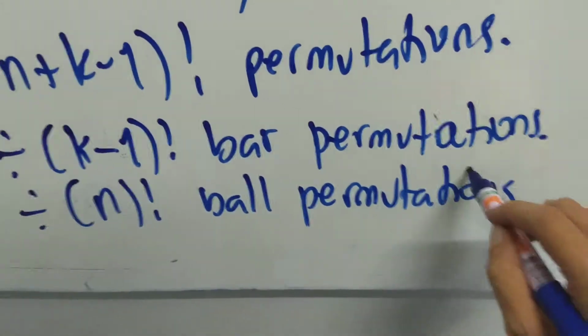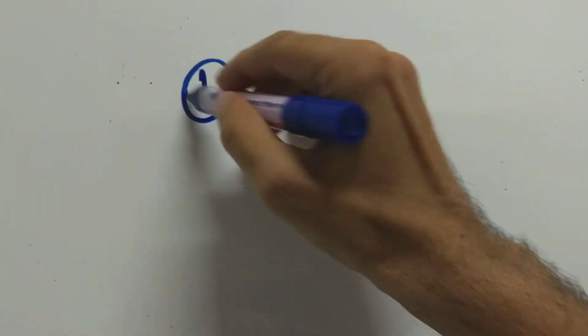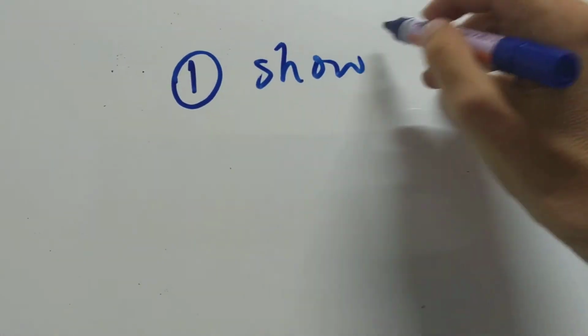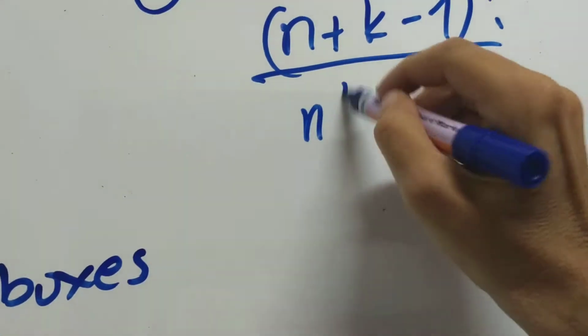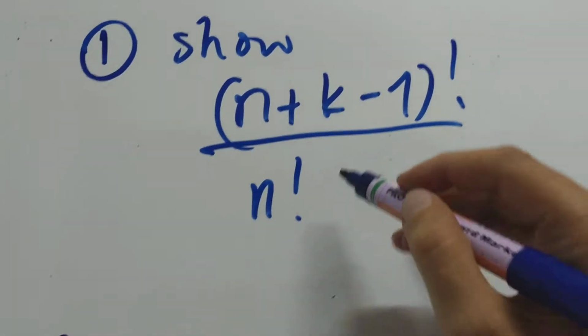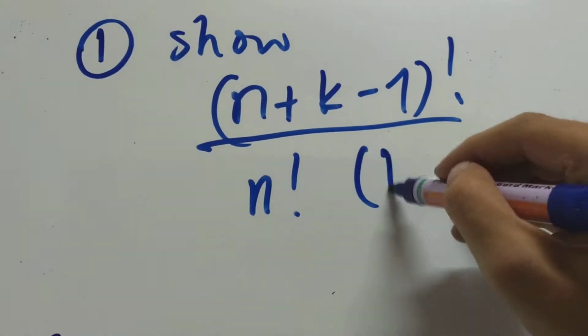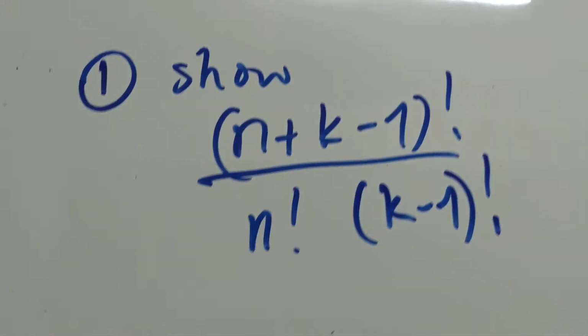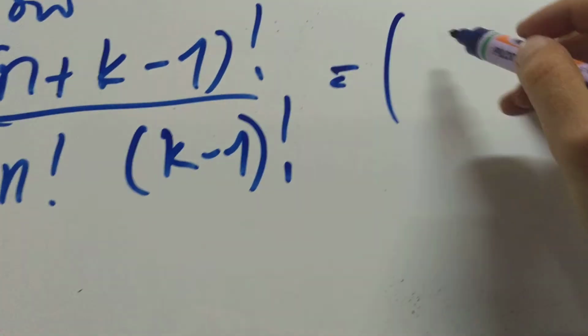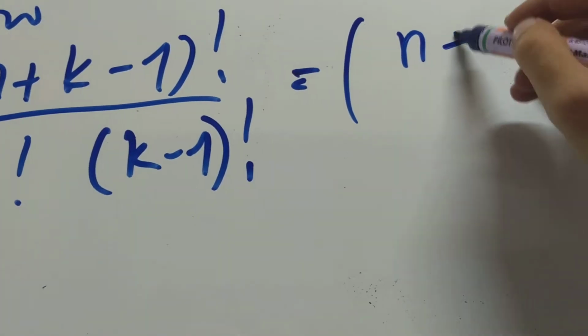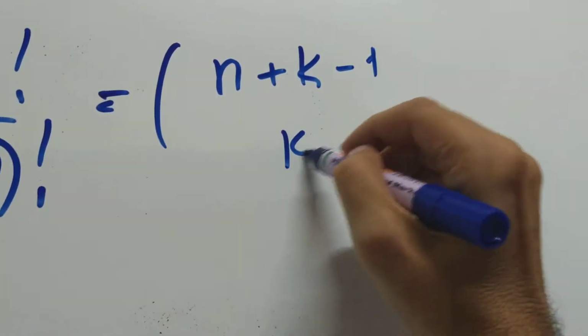And here's an exercise for you. Exercise 1: show that if I have N plus K minus 1 factorial, and I divide out N factorial for the redundant ball permutations, and K minus 1 factorial for redundant bar permutations, I end up with the binomial coefficient N plus K minus 1 choose K minus 1.